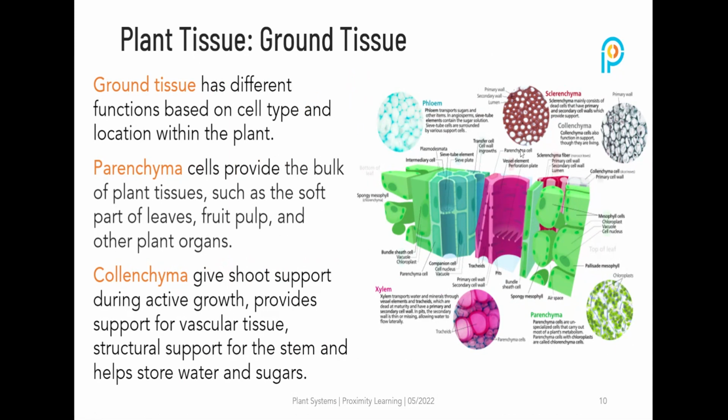Okay, and this shows you the parenchyma cell. The collenchyma gives shoot support during active growth, provides support for vascular tissue, and structural support for the stem, and it also helps store water and sugars.